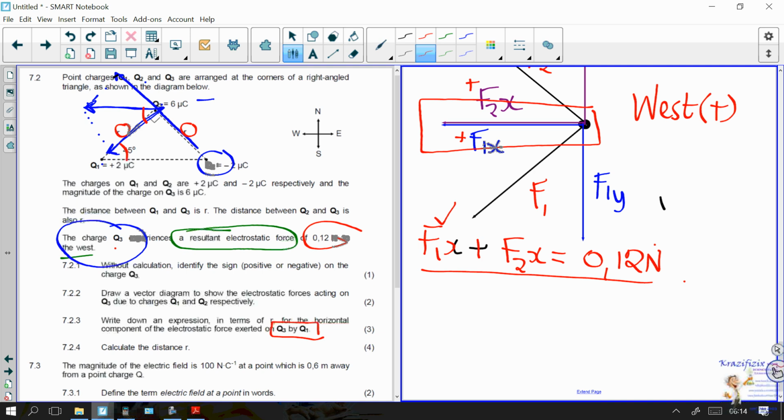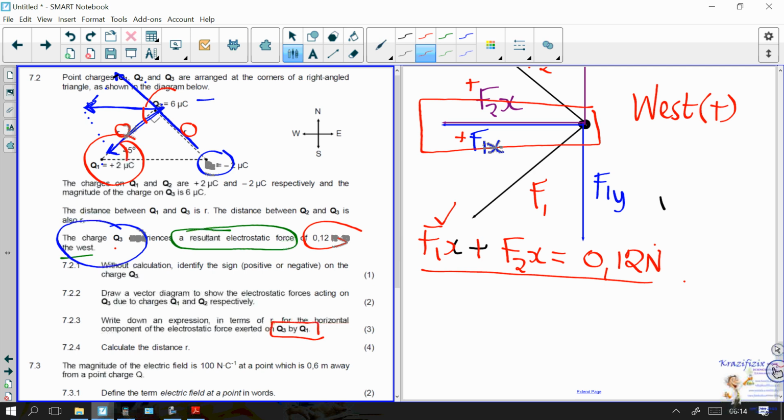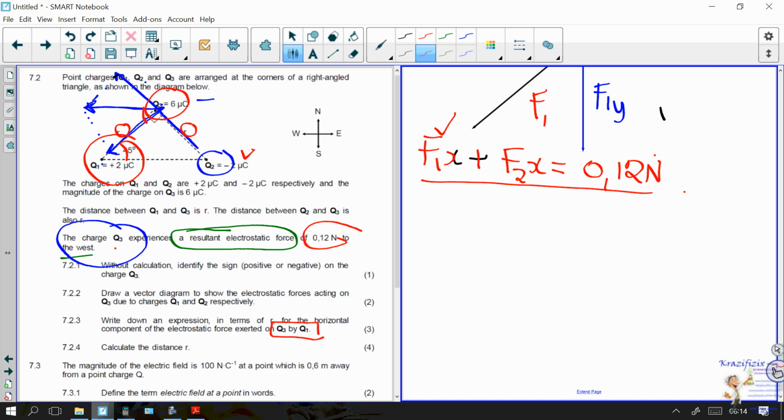We need to get an expression for F2, which is going to be basically the same thing, because here we said 2 multiplied by 6, remember that, and here again for F2 we are going to say 2 multiplied by 6. Let's just put it down. So F2 will now be equal to k Q2 Q3 over what?